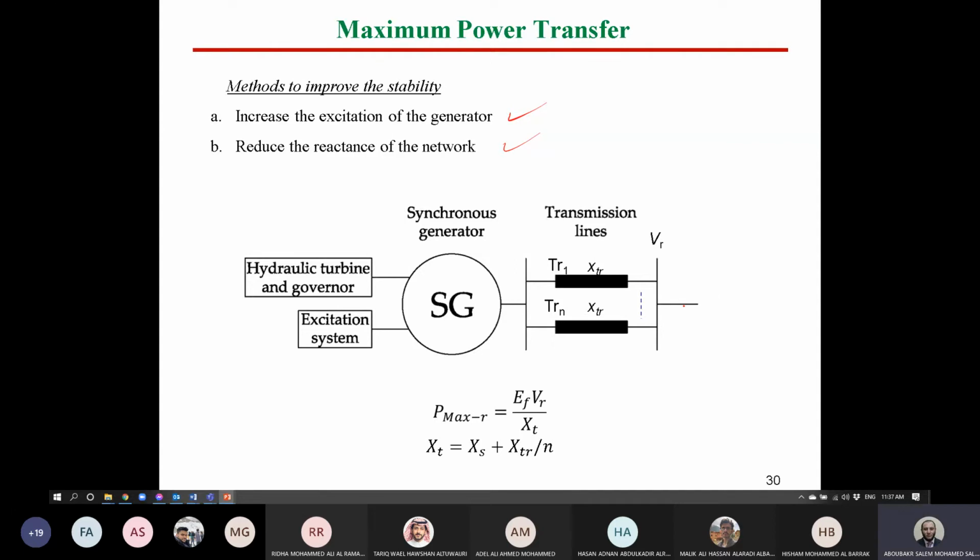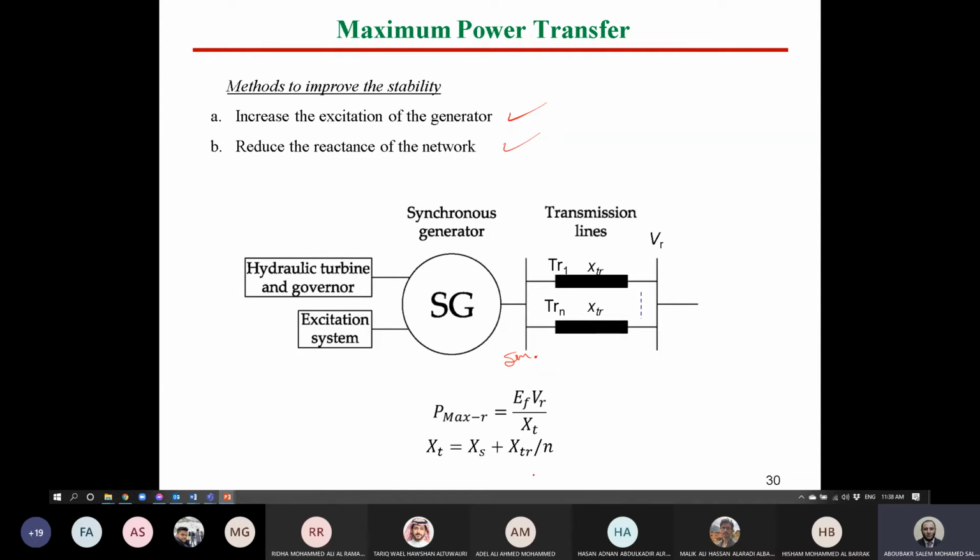For instance, here, in order to calculate the maximum power that can be transferred, if this is the sending end and this is the receiving end VR, we can say the maximum power equals EF of the generator times VR over XT, where XT is the total reactance: the synchronous generator reactance plus 1/2 of the two reactances here if they are equal, or if we have many lines, from line 1 to line N, it will be X over N. Okay?